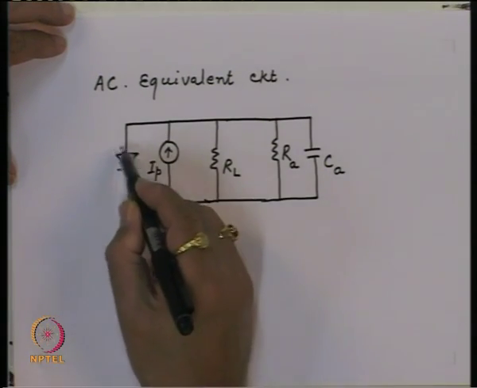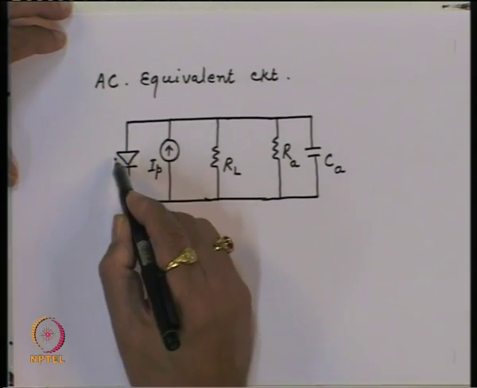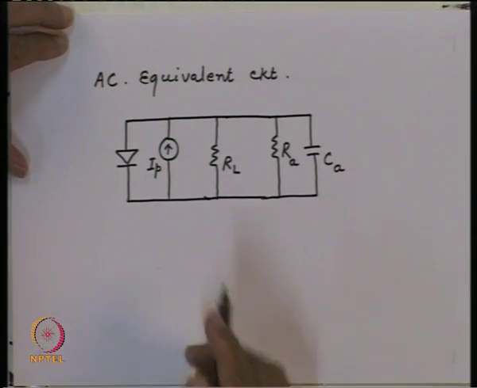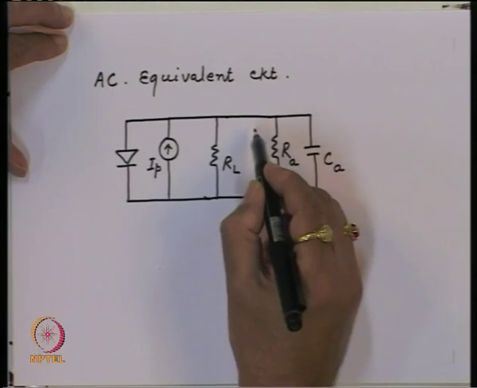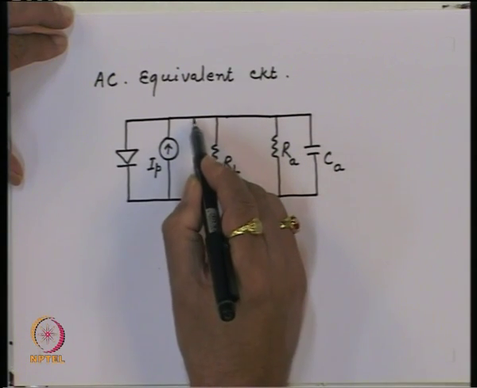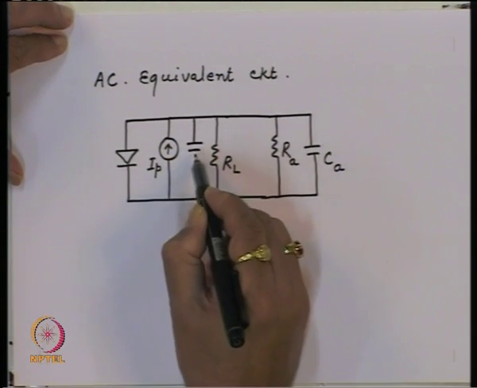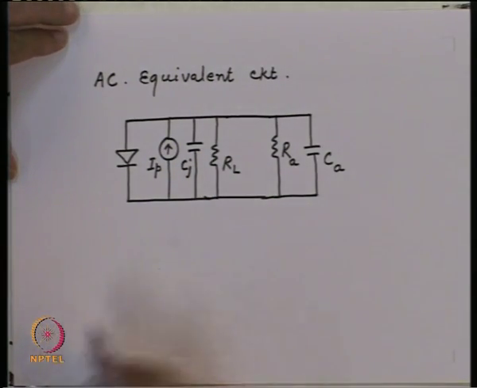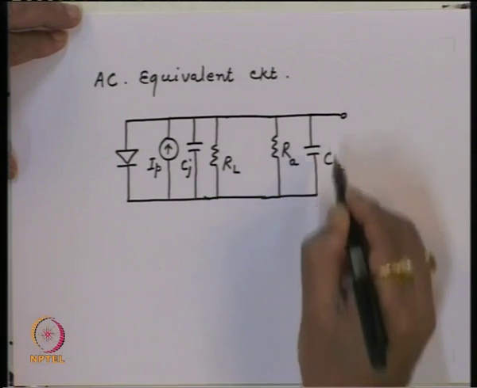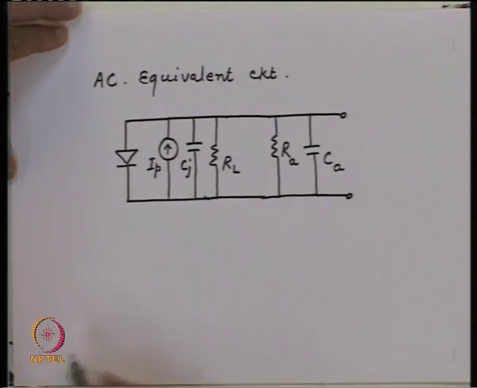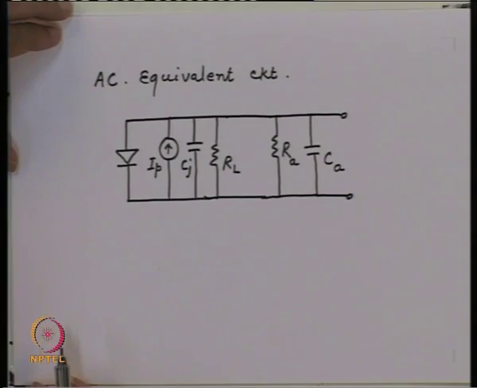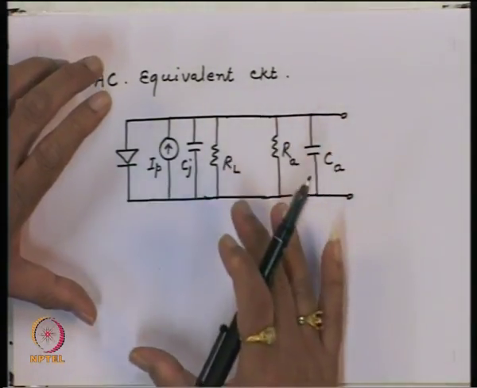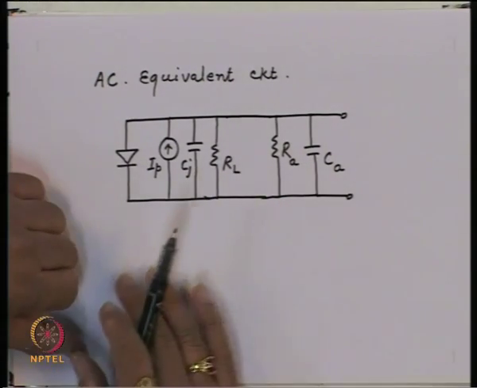And since this is a reverse bias junction, we also have a substantial capacitance for this junction of the photodiode. So you also have a capacitance here, which is the junction capacitance. Now we have a combination of these resistances and capacitances.